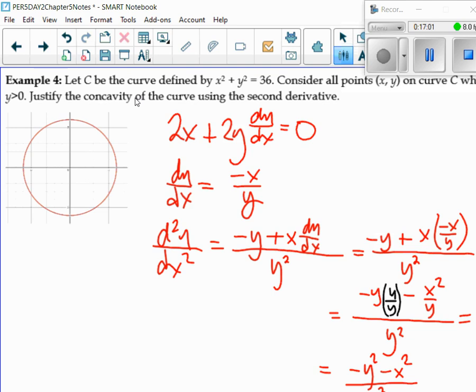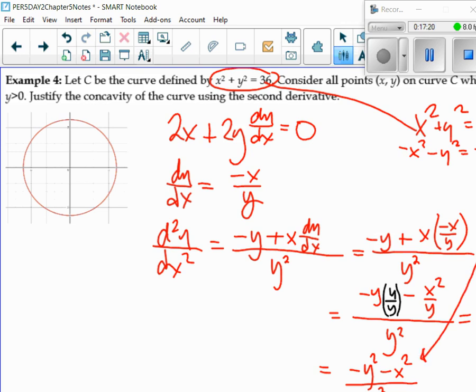However, crazy thing, if I actually take this, do you see x squared plus y squared equals 36? What happens if I make this negative x squared minus y squared? What would that equal? Negative 36. So that simplifies stuff if I put that in. So that is negative 36 over y cubed.